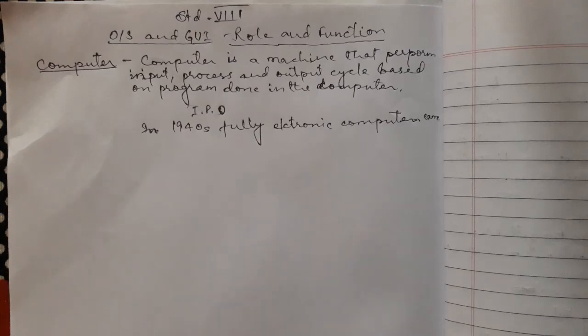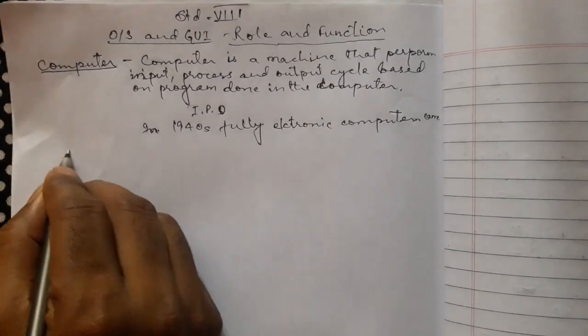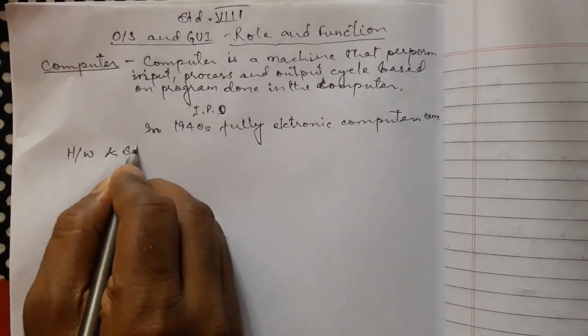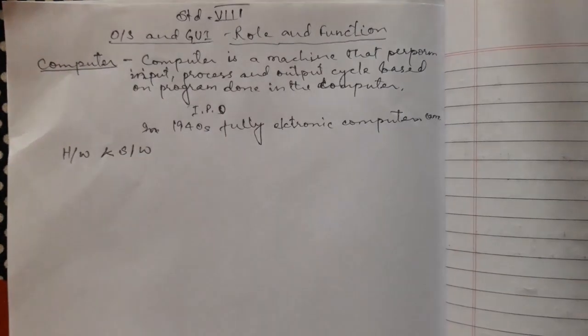Now some more basic thing is, what is hardware and software? You must be knowing hardware, that is whatever the things that you can see and touch in the computer or in the computer lab. You must have seen monitor, then keyboard, then mouse, CPU.